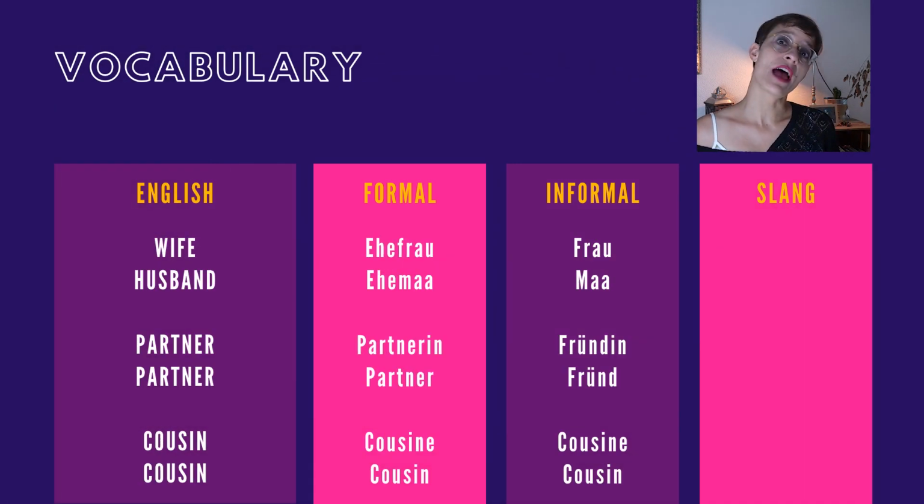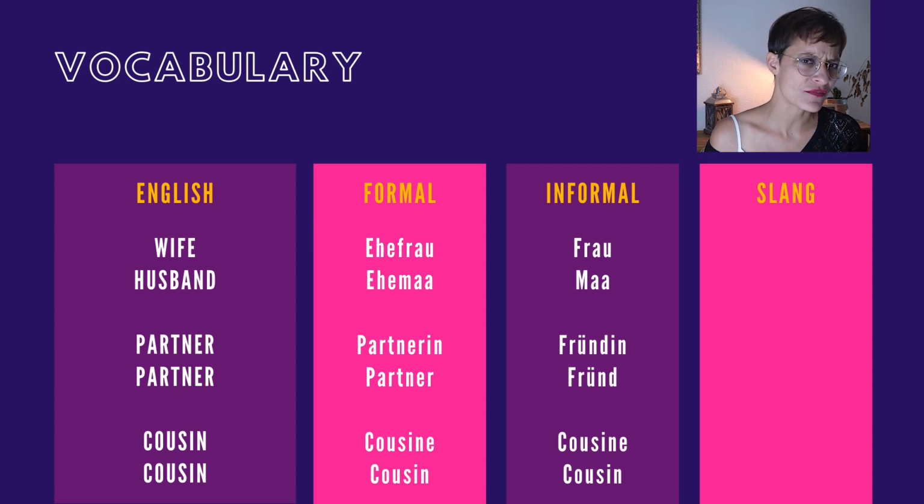And then of course we have the wife or the husband. Wife would be Ehefrau, or we don't really say Ehefrau, we more likely just say Frau. The husband, you could say Ehemann, or again you can just say Ma. I'm sure there are a lot of slang words for that, but I'm not going to mention them here. So that's if you're married.